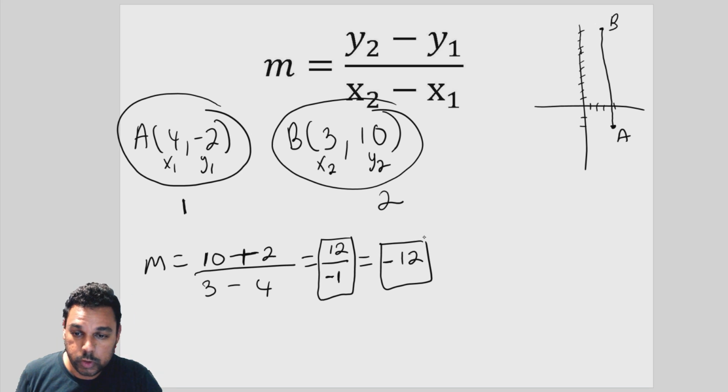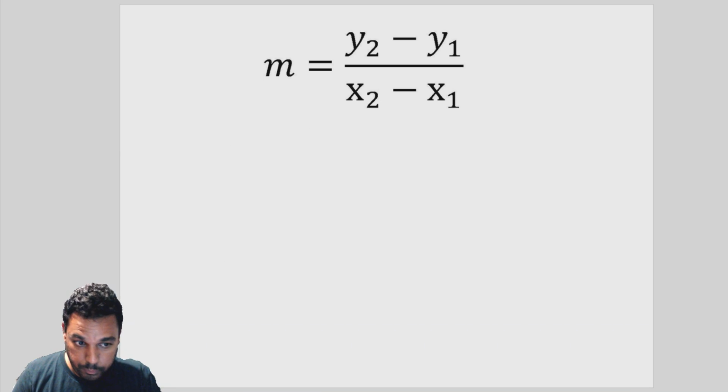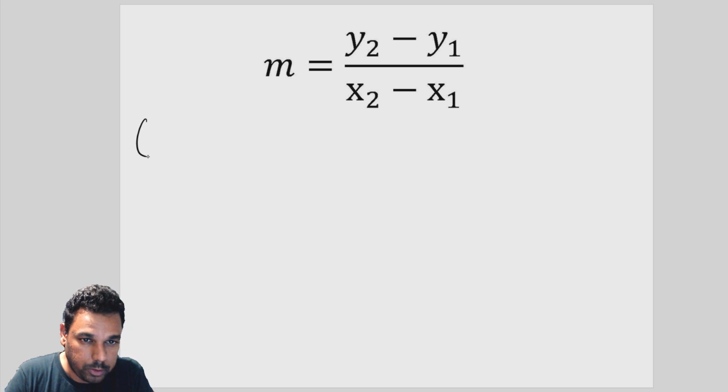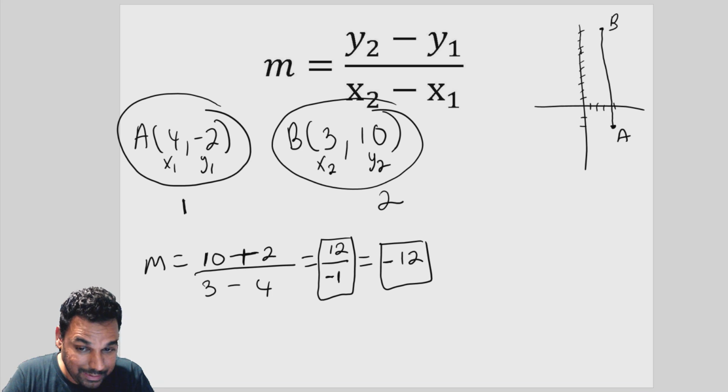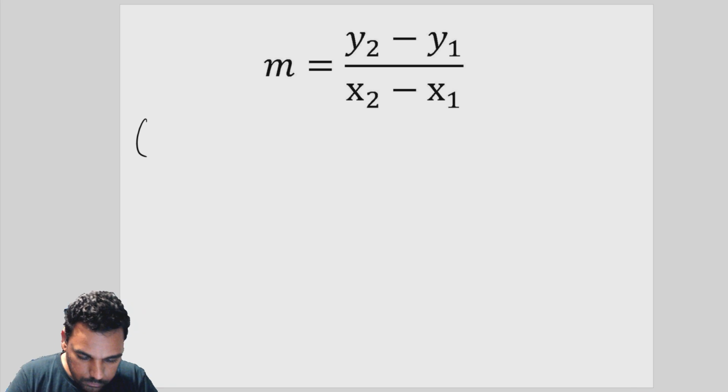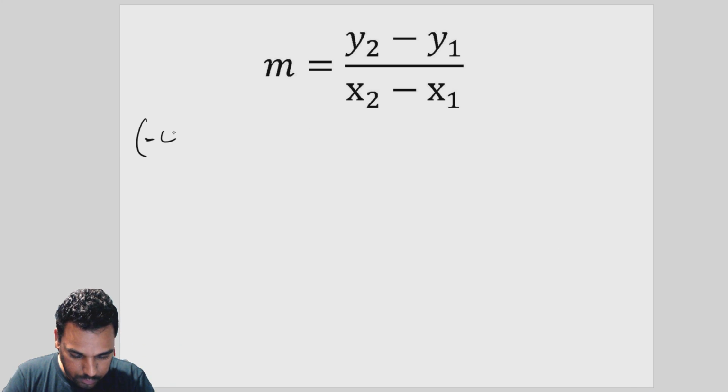Let me give you one to try, and then I'm going to wait a little while and pause the video, try it, and then come back and see. All right, so let me make up 2 better points for you to try with, because that wasn't a very nice thing. Oh, by the way, notice that the slope was indeed negative, as I said, just by looking at the sketch. A line slanted this way is a negative slope, and a line that's slanted the other way is a positive slope. Okay. Let me give you some nicer numbers. (-4, 6).